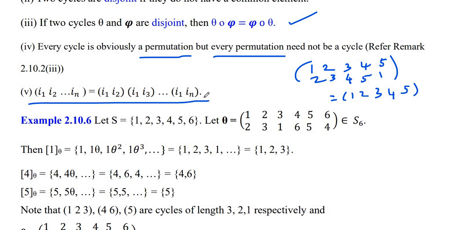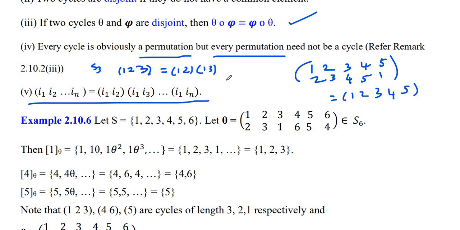The next remark is, given any cycle like this, we can always write that cycle in this way. For example, suppose I consider this cycle 1, 2, 3 in S3. We can write this as (1 2)(1 3).